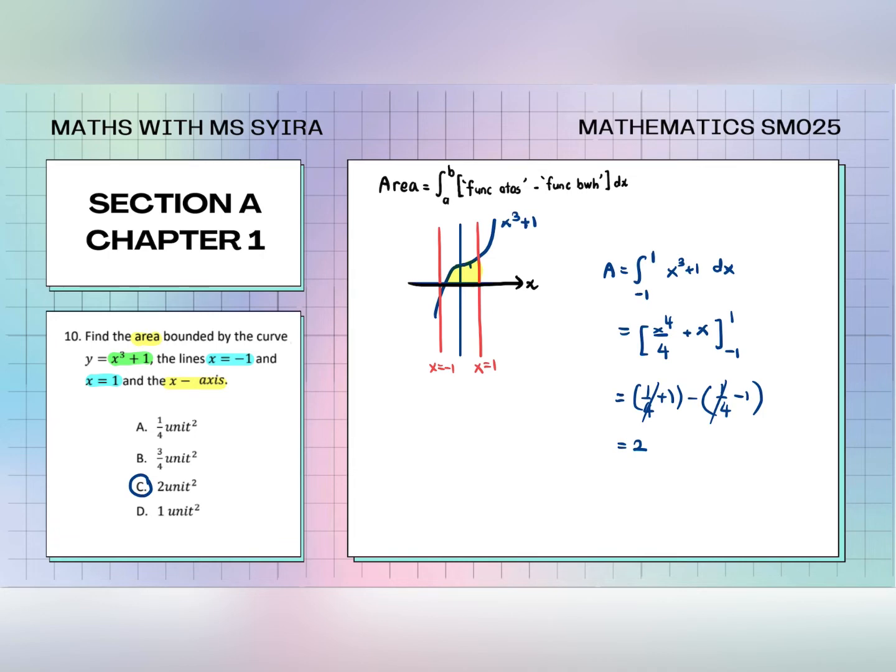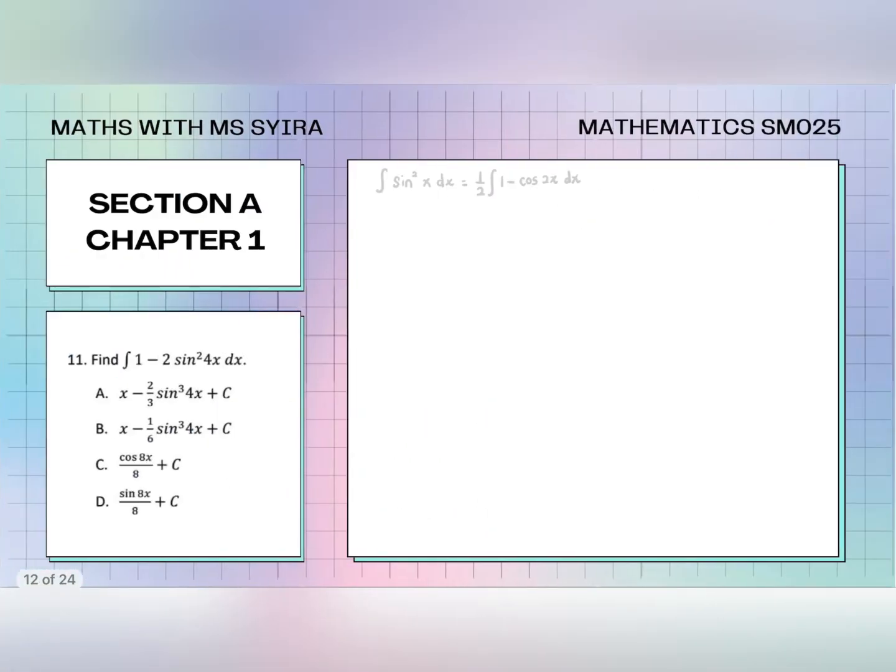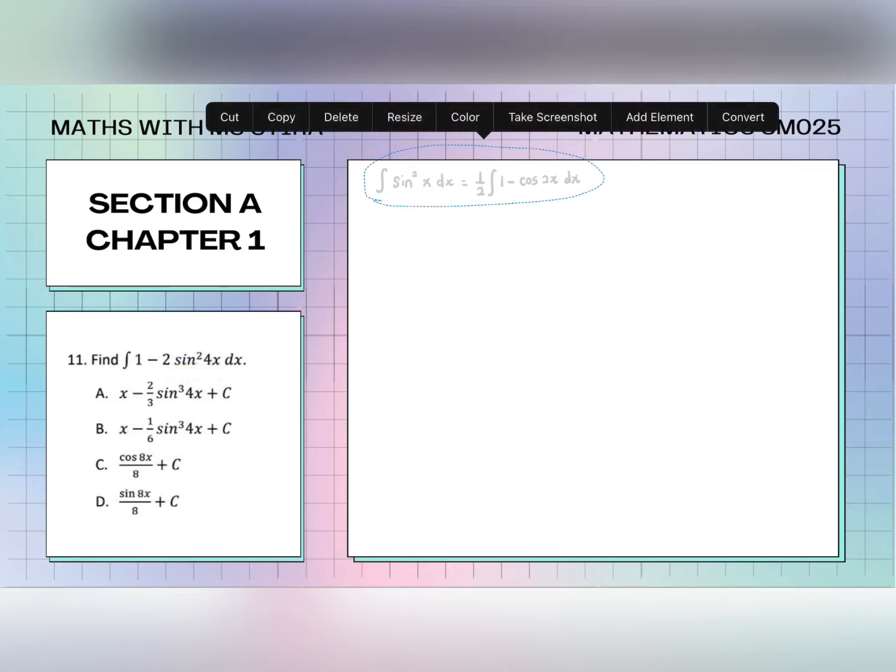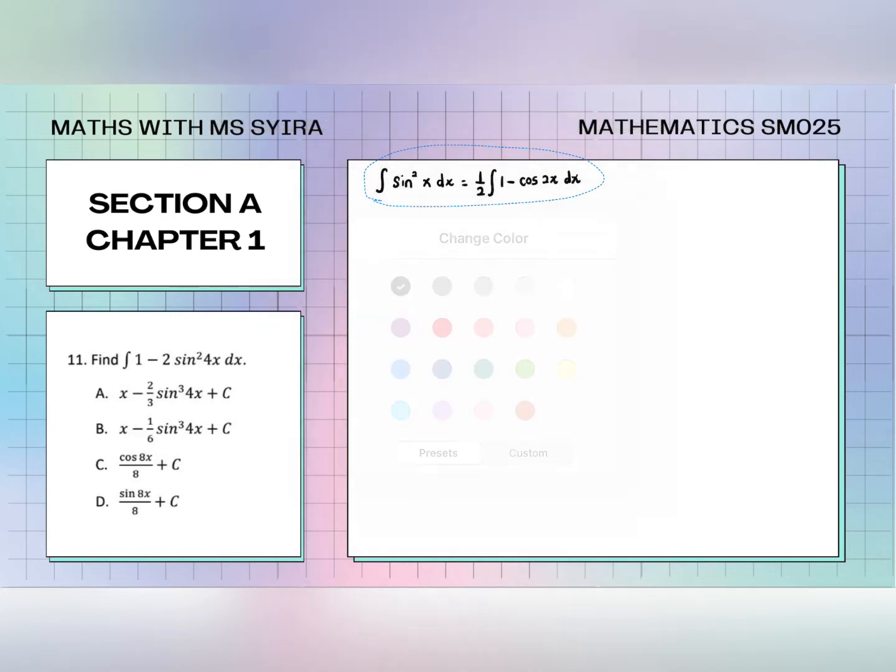Okay. Next, question number 11. Okay. Find the integral of 1 minus 2 sin square 4x. Okay, kita ada sin square 4x. Ini kita kena gunakan rules. Tukarkan sin square itu kepada cos of 2x. So if you still remember, this will be the formula. Okay, formula ni pastikan kamu sediakan dekat tepi kamu.